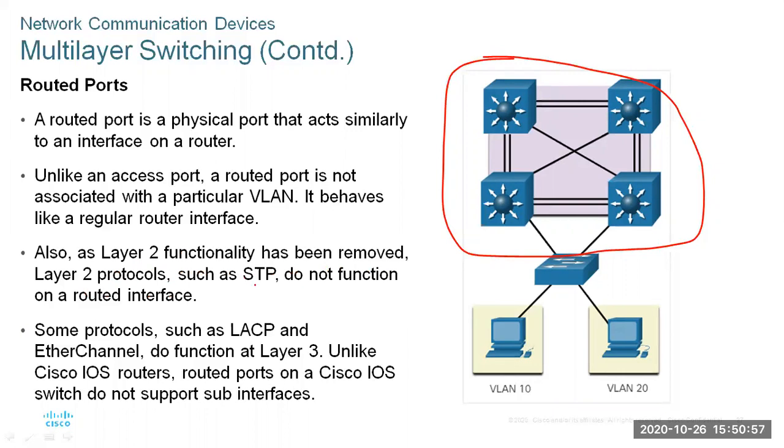Layer 2 protocols such as spanning tree do not function on a routed interface. Some protocols such as LACP and EtherChannel do function at layer 3, unlike on a Cisco IOS router. All right, routed ports on a Cisco IOS switch do not support some interfaces.